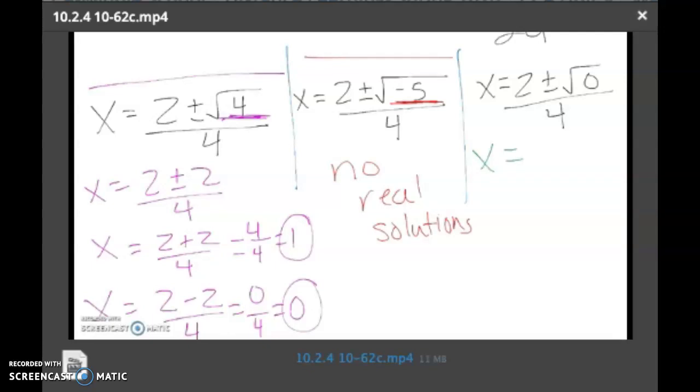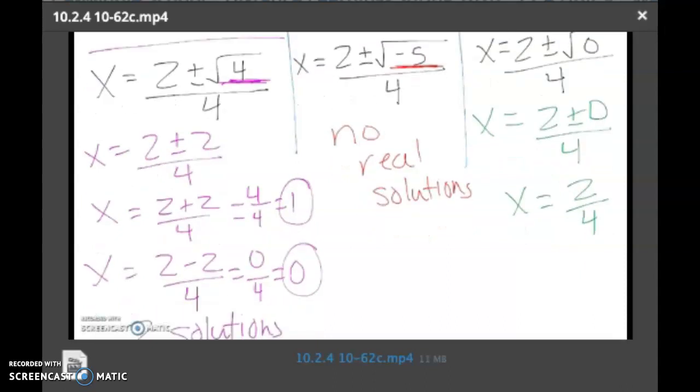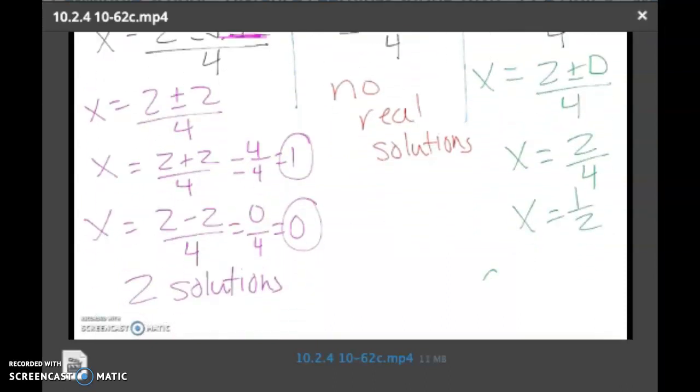So this would give me 2 plus 0 or minus 0. They're the same thing. All divided by 4. So 2 plus 0 would be 2, 2 minus 0 would be 2, so we just get 1 solution, 2/4, or if I simplify it, 1/2. So in this case, I have 1 solution.